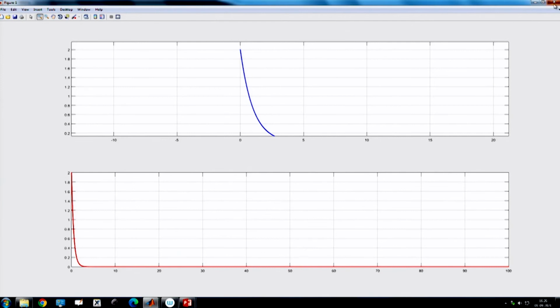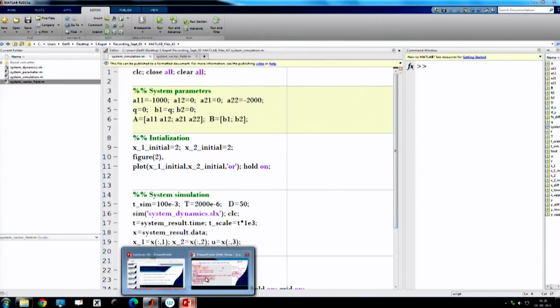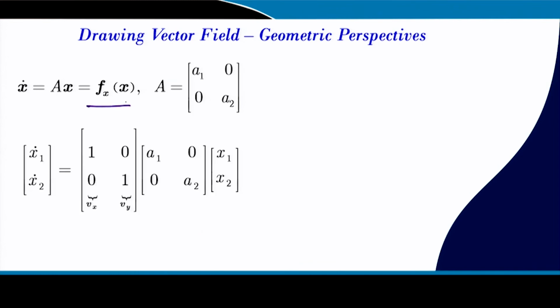So we understood how to draw the vector field. Now we want to see, can we imagine how the vector field looks. So we started with this point x, fx, and again we consider that Vx and Vy are the two basis vectors, right.